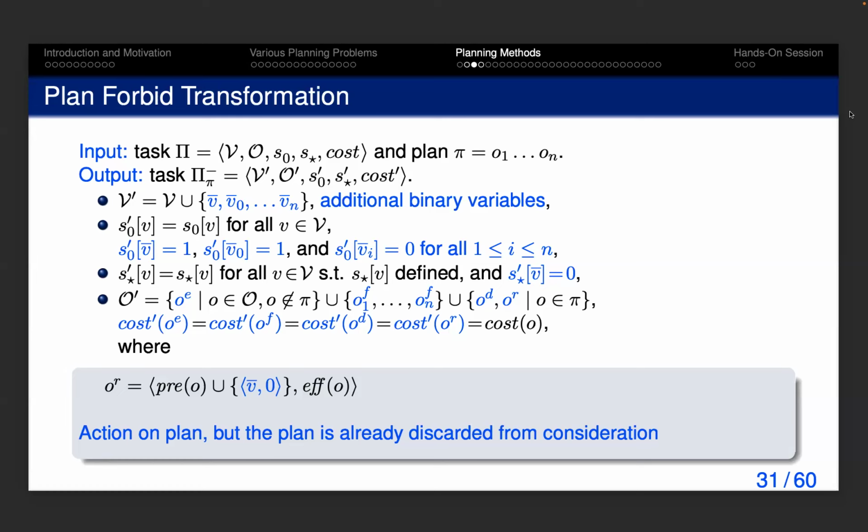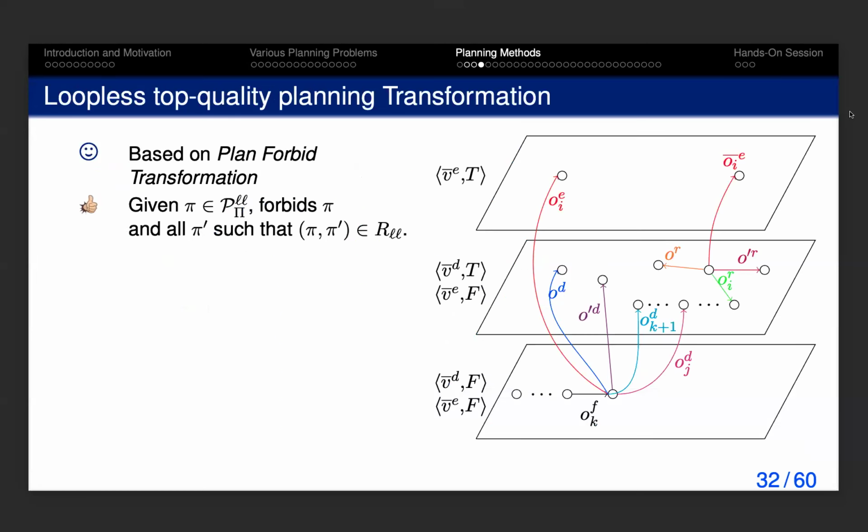Okay, so that was the transformation. I will just mention the transformation for loopless top-quality planning, and we had 4 action types or representative types in the previous one. Here we have all these according to the different colors.